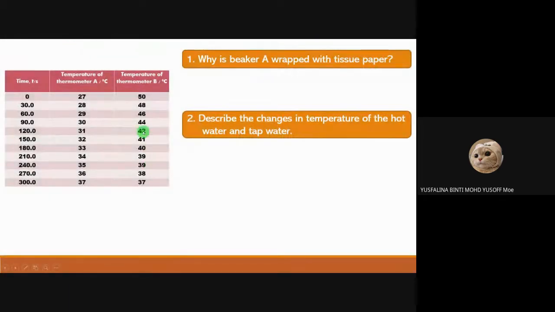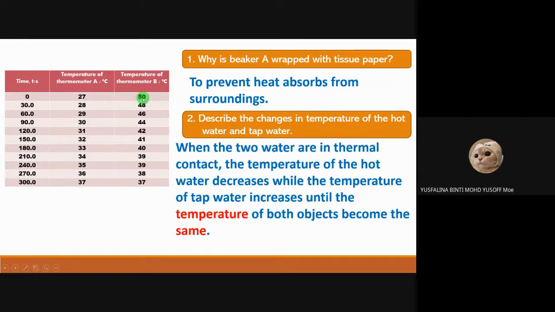So the heat from the hot water is transferred to the tap water. That's why the temperature keeps increasing. The hot water lost the heat, and you already learned that when an object loses heat, the temperature will decrease. So when the two waters are in thermal contact, the temperature of the hot water decreases while the temperature of the tap water increases until the temperature of both objects becomes the same.